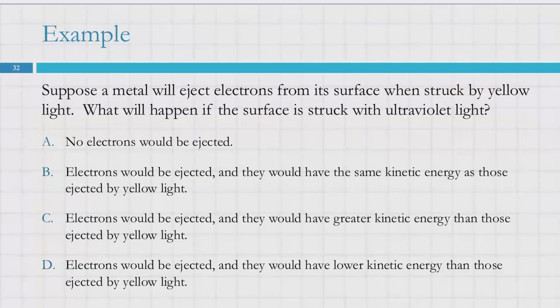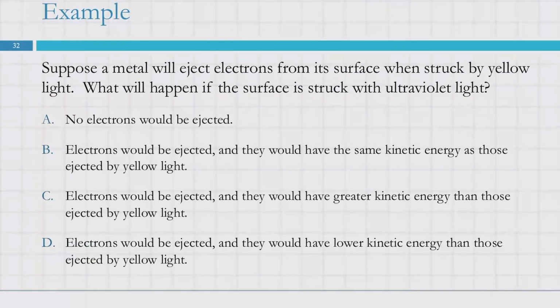So think about, how does yellow light compare to ultraviolet light? If yellow light ejects electrons, what will ultraviolet light do? Is it that no electrons would be ejected? Or is it any of these circumstances where electrons will be ejected? They'll have the same energy, they'll have greater kinetic energy, they'll have lower kinetic energy. How does ultraviolet light compare in terms of its energy to yellow light?